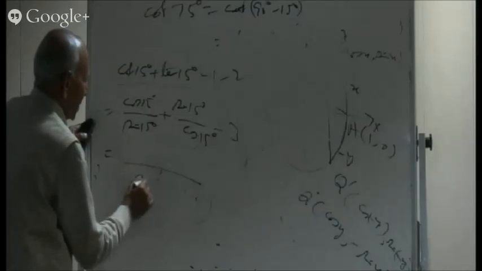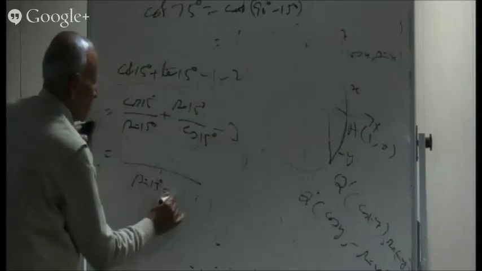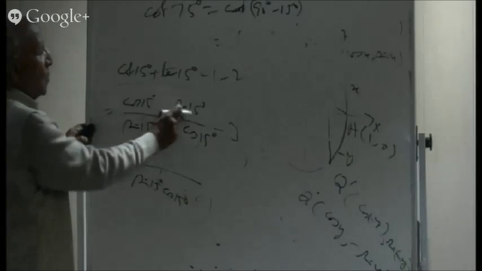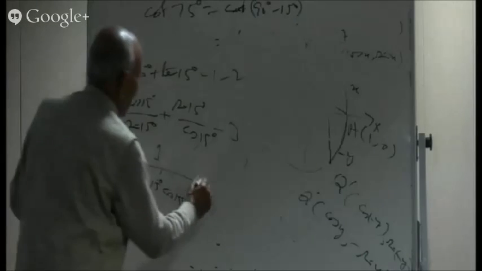So can I write sine 15 cos 15 as their LCM? So here I will be getting cos square 15 plus sine square 15, which is 1. I am saving one step. Is it 1? So this 1 minus 3.